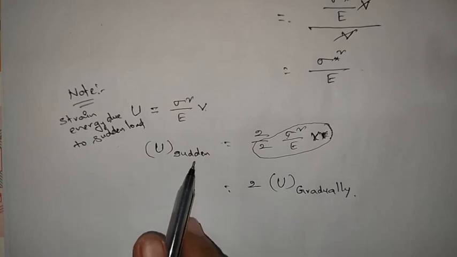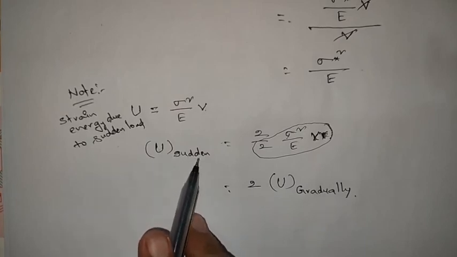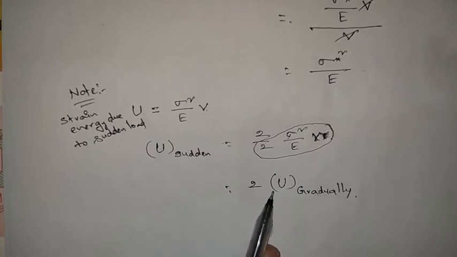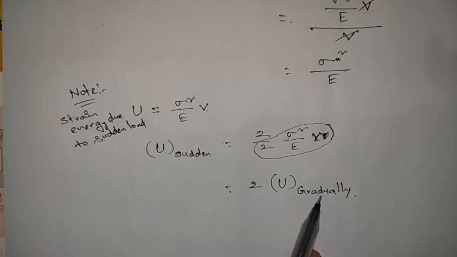Strain energy stored in a body due to sudden load is 2 times, or double, the strain energy due to gradually applied load. Similarly, we can write the same for proof resilience and also for modulus of resilience.